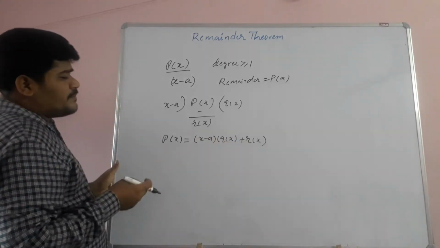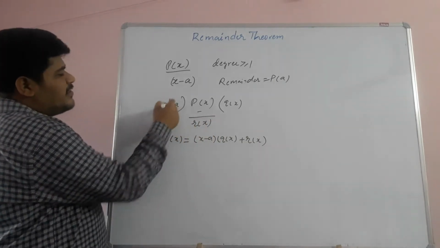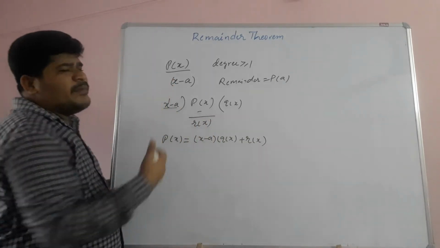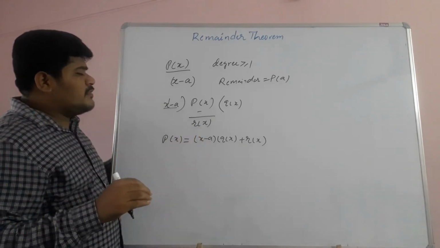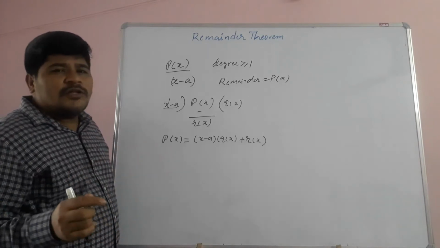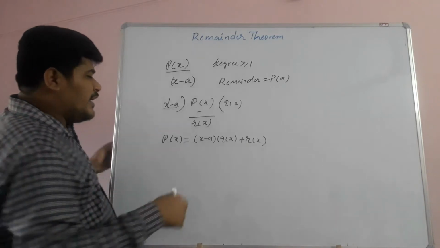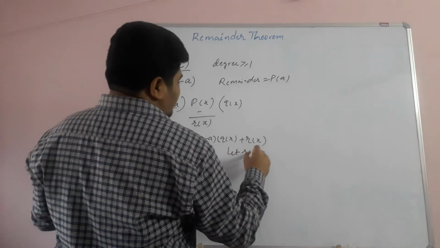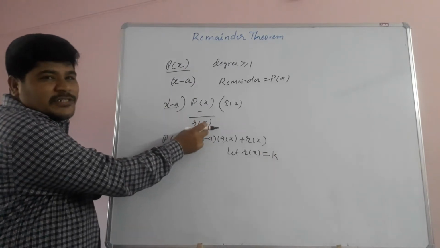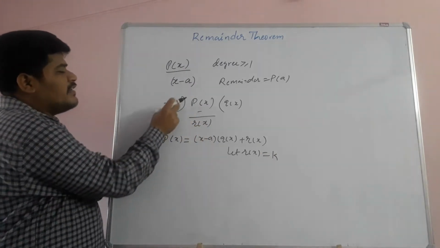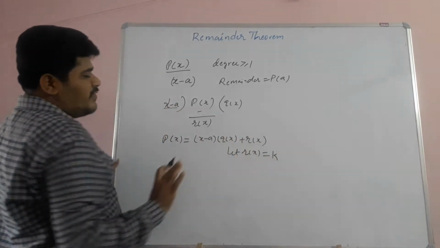The divisor has degree 1, so the degree of r of x must be less than 1, that is 0. Which type of polynomial has degree 0? A constant. So let r of x be equal to k. The reason is that the degree of r of x must be less than the degree of the divisor x minus a, so r of x is a constant, r of x equals k.